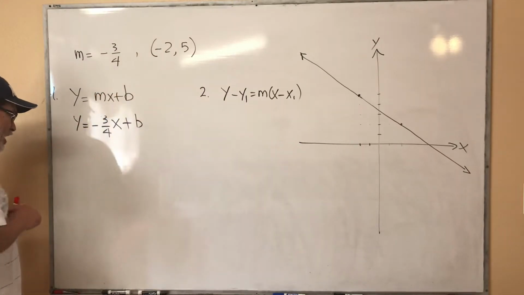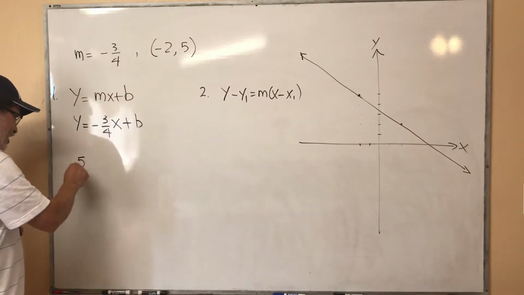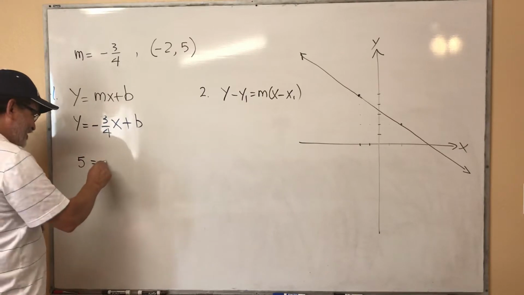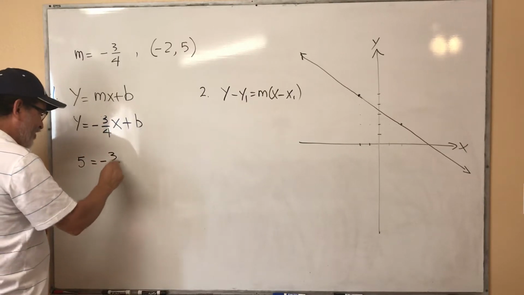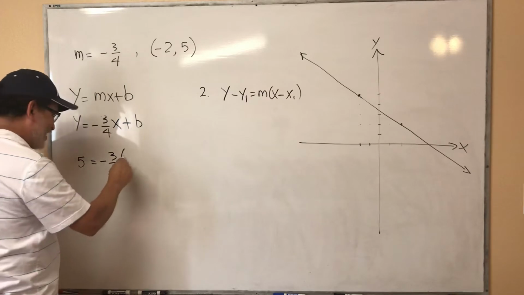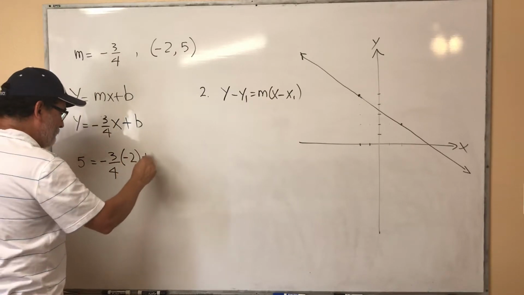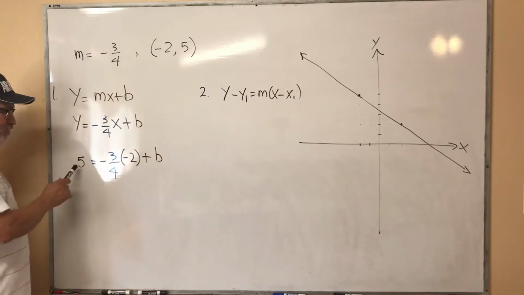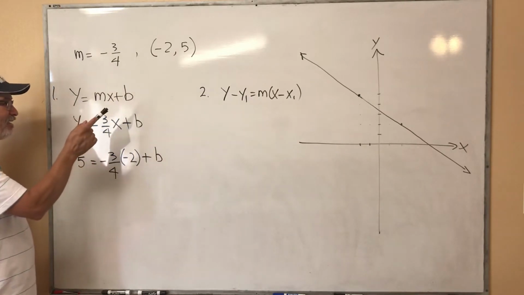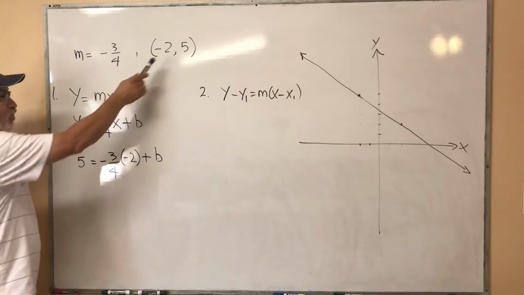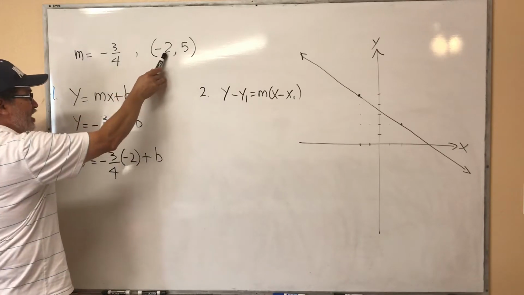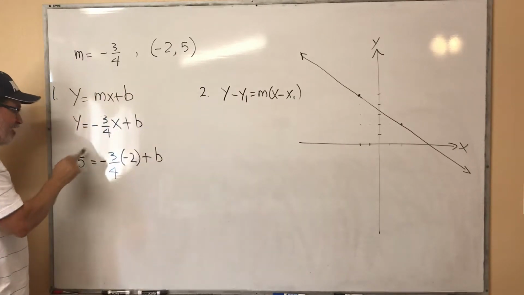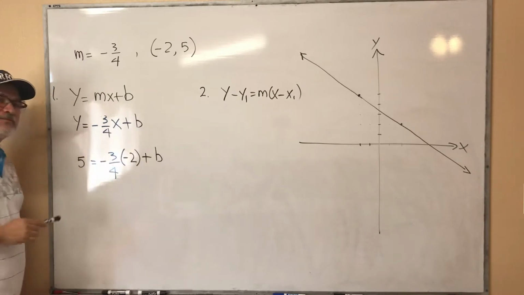When y is 5, x is negative 2. So note, I plugged in the point.